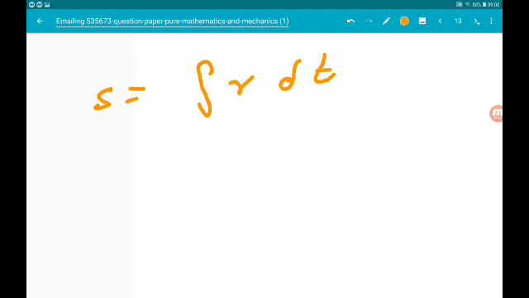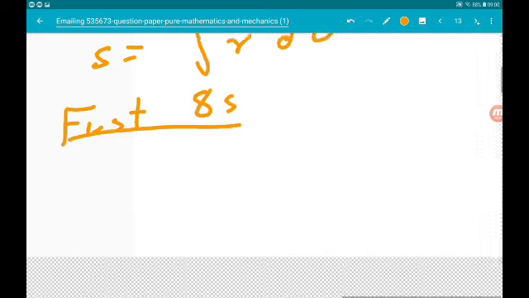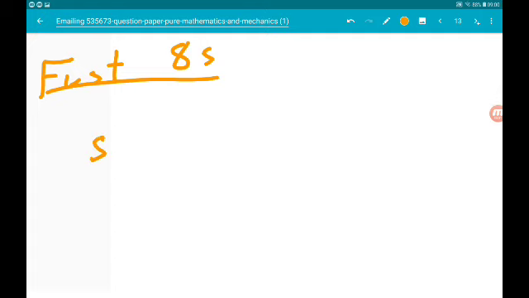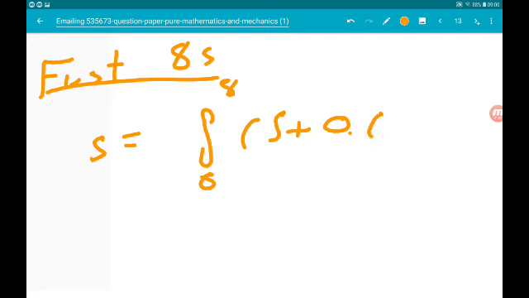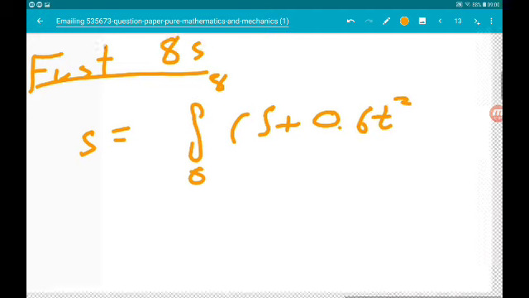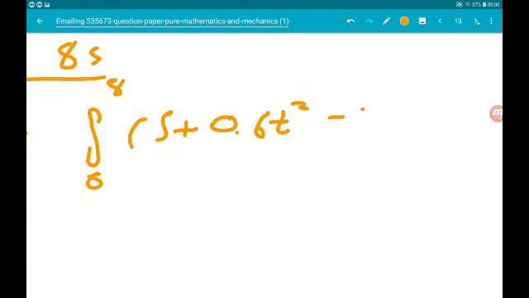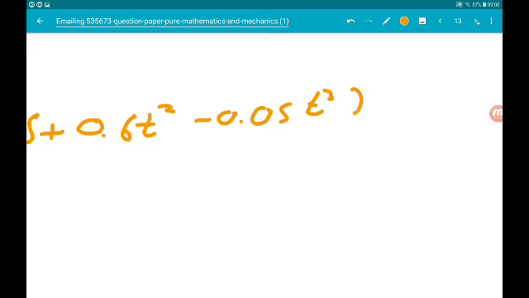So in the first 8 seconds, displacement is the integral between 0 and 8 of 5 add 0.6 t squared minus 0.05 t cubed with respect to t.